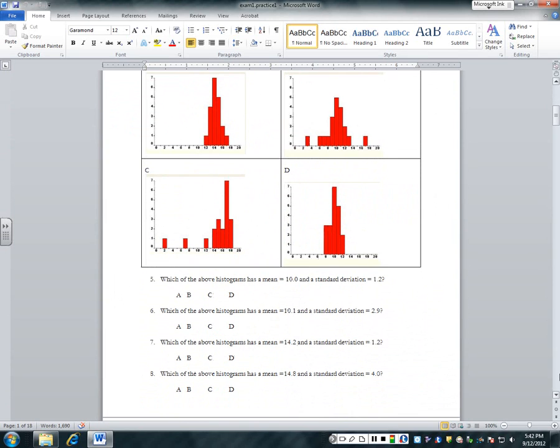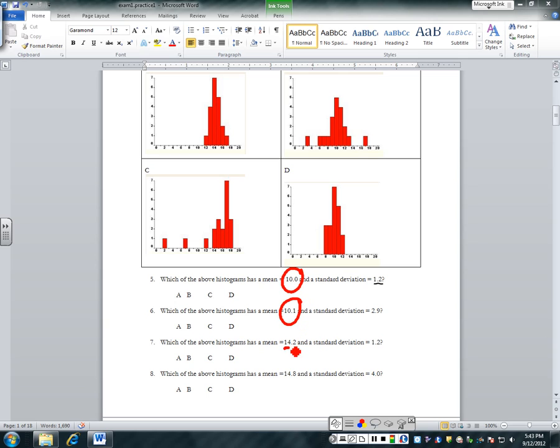Okay, the next 4 questions give you a series of means and standard deviations. And what I'm going to look at first of all is the means.